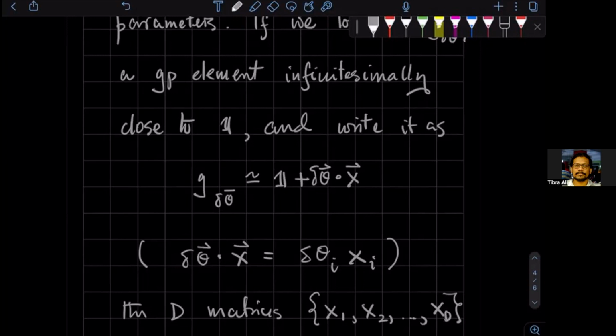Okay, so let's see what happens for SO3, and that will actually make things clearer.